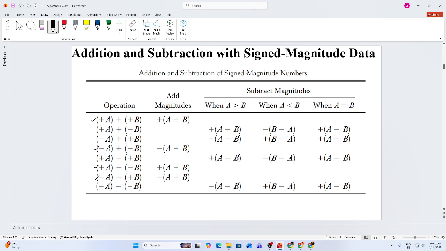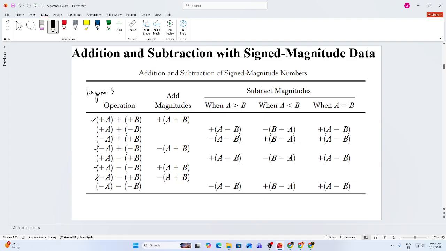In the remaining two cases of addition, and similarly the remaining 2 cases of subtraction, we need to perform subtraction. So how to identify that? In case of addition, if the signs are different, we need to perform the subtraction. Before doing the subtraction, what we need to do? Subtraction means we need to subtract the smaller number from the larger number.